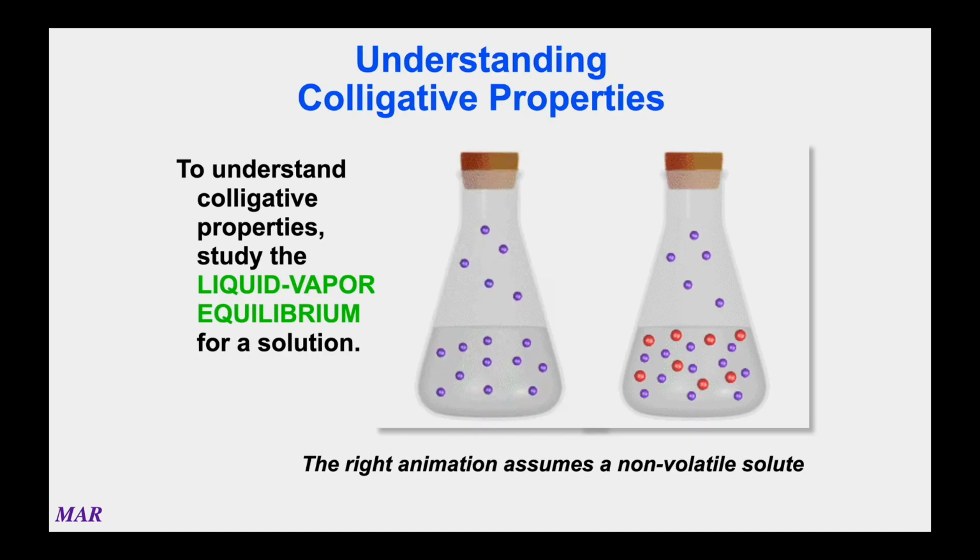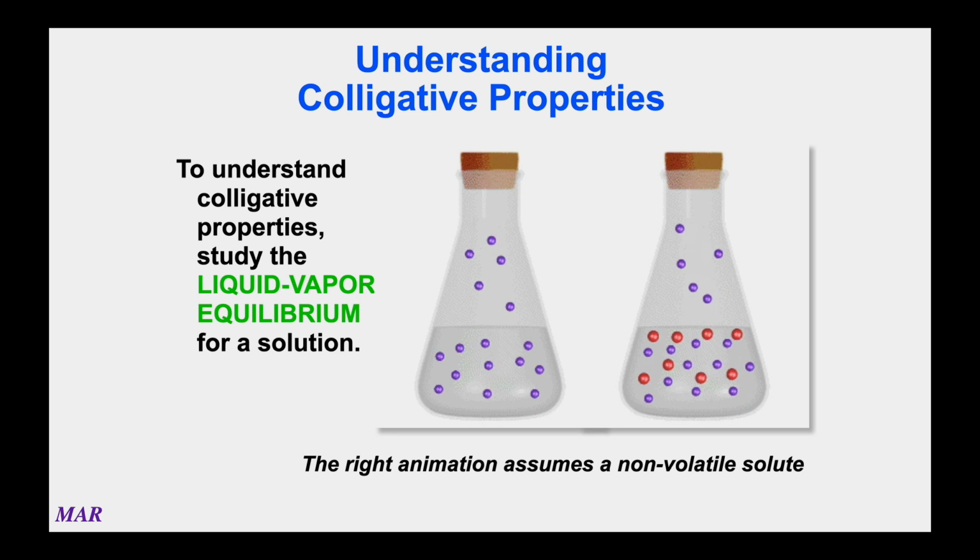Kind of cool. The vapor pressure of a liquid depends on the ability of the liquid's molecules to break intermolecular forces and escape into the vapor phase. A molecule can escape only when it has enough energy and is at the surface of the liquid. When a non-volatile solute is added to a liquid, some of its molecules occupy surface sites in the liquid, displacing volatile solvent molecules.